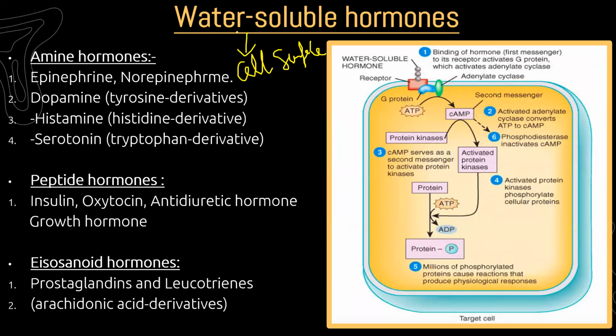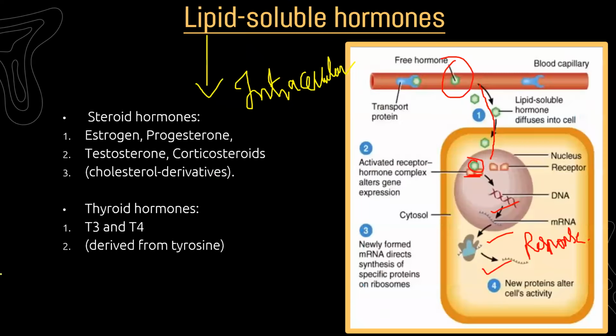The word cell surface means, friends, they are very specifically present only on the plasma membrane. They are not present in any other place. Now listen to me. When I use the word intracellular receptor, where are the intracellular receptors present? Some intracellular receptors are present directly in the cytosol, but most of the intracellular receptors are present within the nucleus.